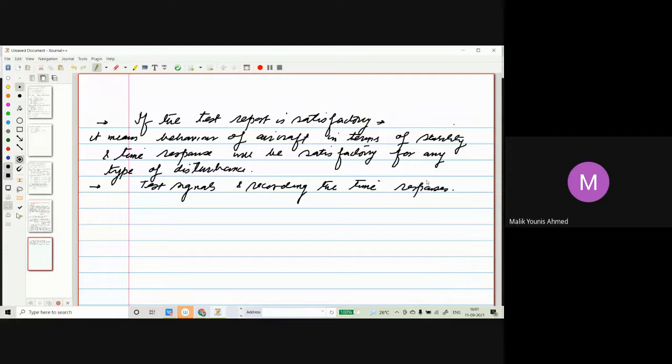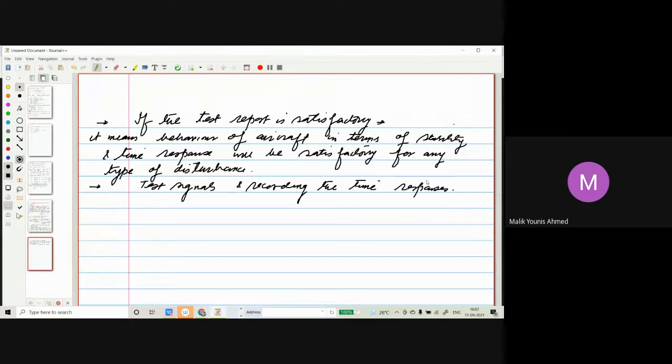Okay, so the use of these test signals: we use test signals because there has to be a correlation. That means there has to be a synchronism between the response characteristics of signals to the typical test signals, and also the capability to cope up with the actual disturbances when they come.